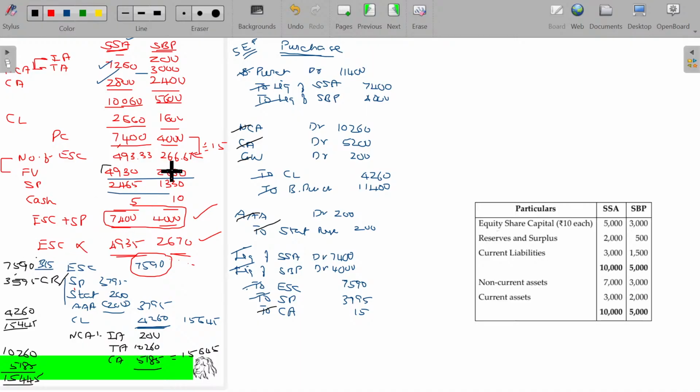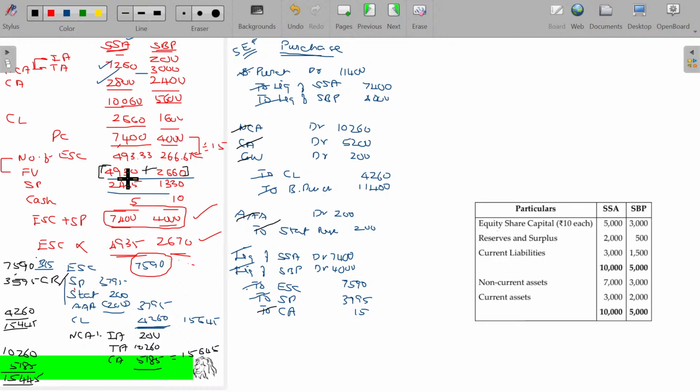Is this value correct? 4,930 plus 2,660? Wrong. You are telling now. Come on, tell me the correct value. You have to add up these two. How much is that? 7,590.